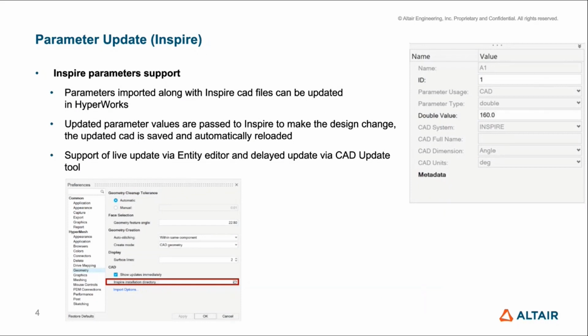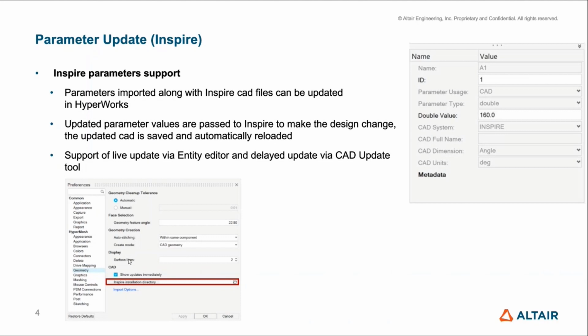Whenever you read a file from Inspire, as long as under the preferences you have the Inspire installation directory specified, we can read in the parameters, and through the entity editor you can update the values, which will basically run Inspire in the background in a batch mode, do the updates and send back the updated geometry.